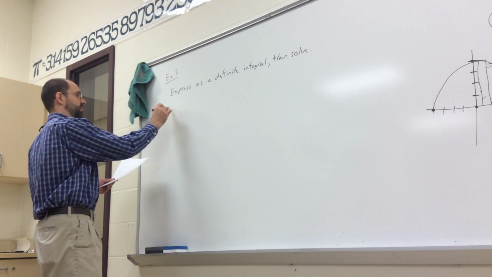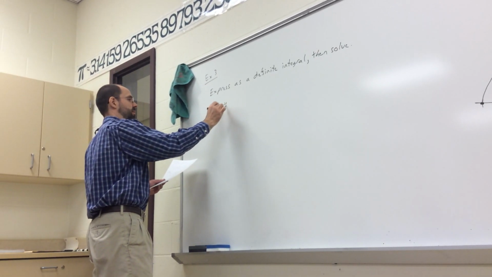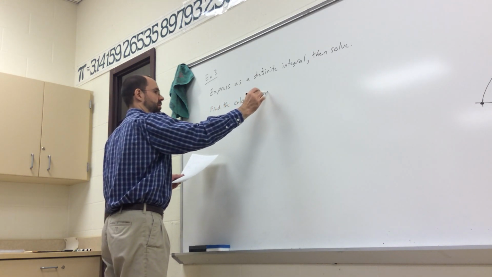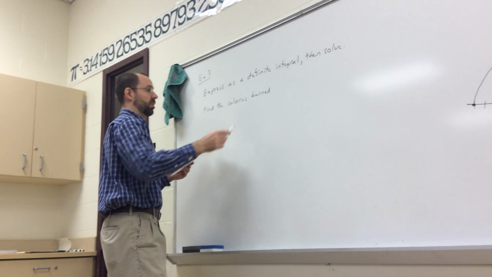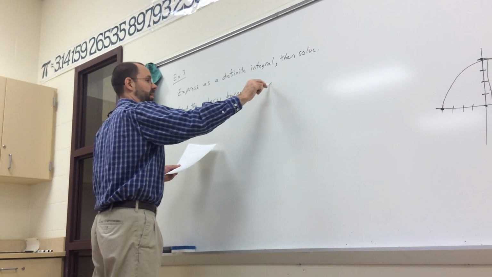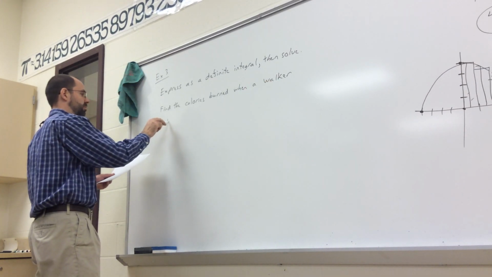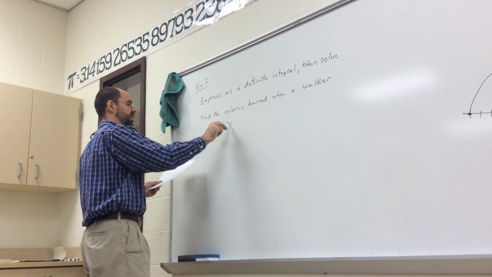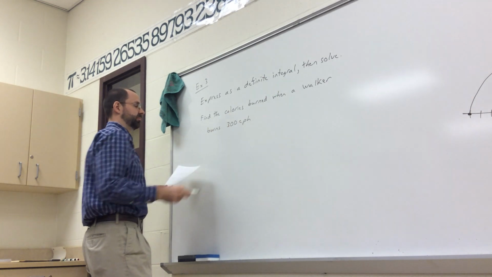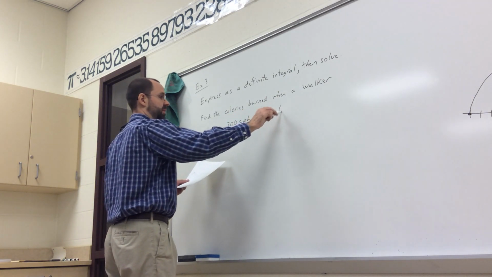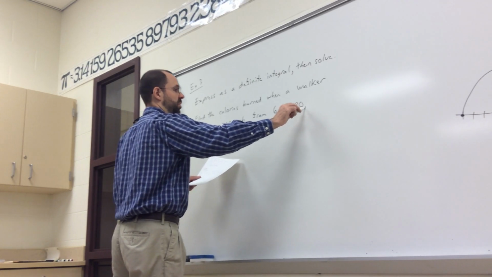And the problem is find the calories burned when a walker burns 300 calories per hour from 6 to 7:30 p.m.